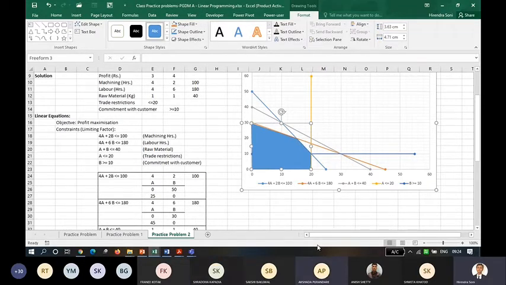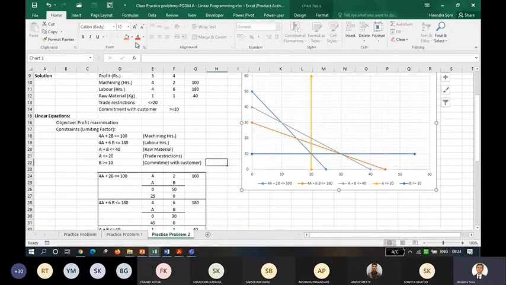Yes, sir. Okay, so now when I add the next one, which says b greater than or equal to 20, this is this line, and when we say greater than, that means on the upper side. So my region will remain only this much. This part will also get eliminated.